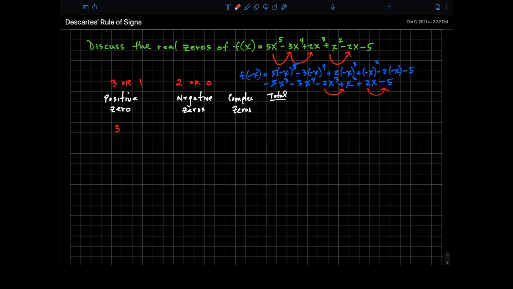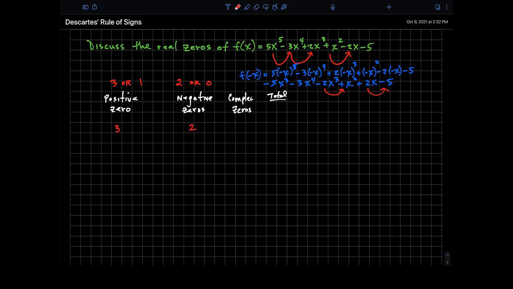Now I'm going to fill this table in so that we can get an idea of the positive, negative, complex, and total zeros. If there are 3 positive zeros and 2 negative zeros, that'll be 5. You cannot exceed 5 because it's a 5th degree.